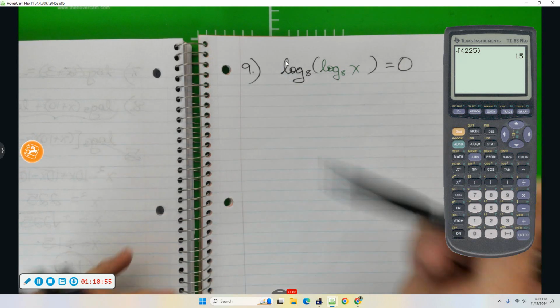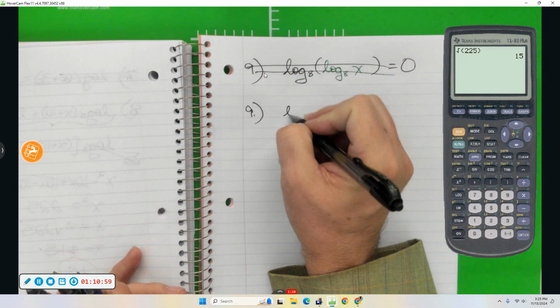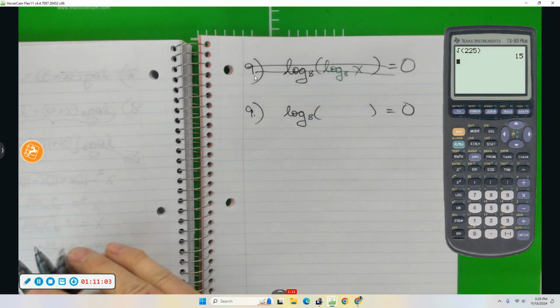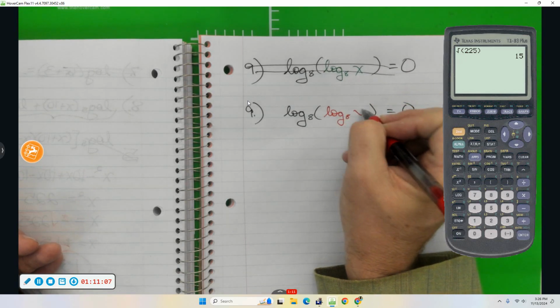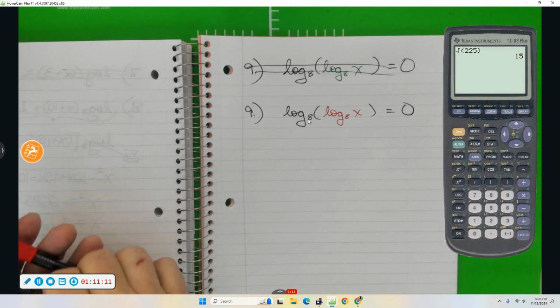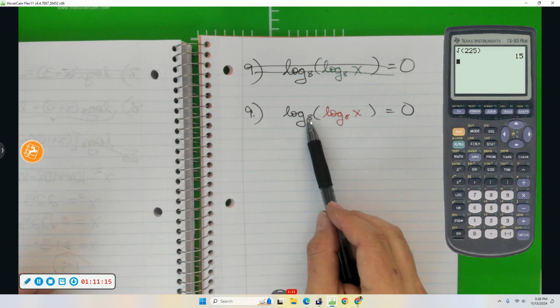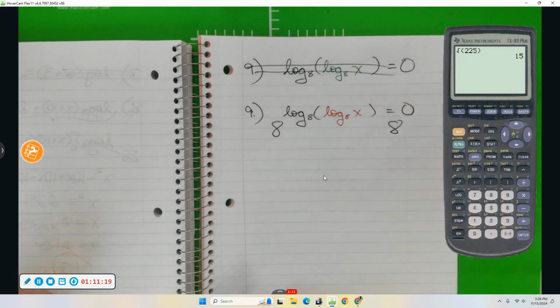I like Tony's suggestion. Log base 8. That green just doesn't show the way I want it to. Just the red. I claim we can get rid of this outer log base 8, the one that I wrote in black, by turning everything into exponents.